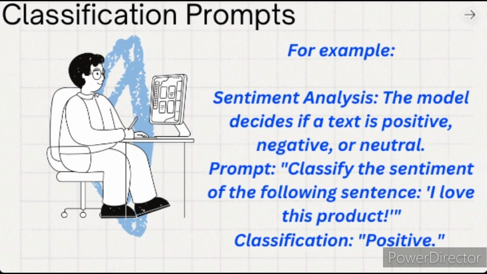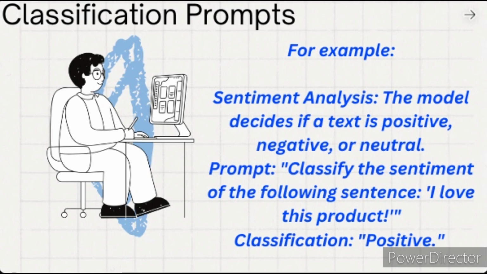Sentiment analysis means that the model decides if a text is positive, negative, or neutral. Easy to understand, right? For example, the prompt asks, classify the sentiment of the following sentence: I love this product. And the classification output will be positive.